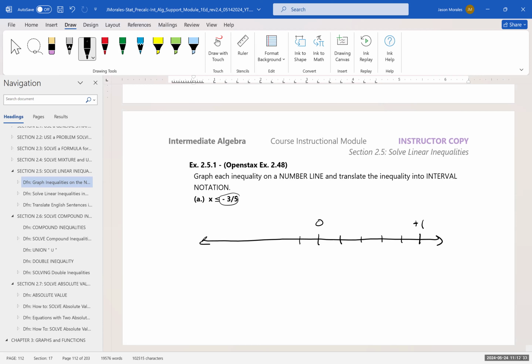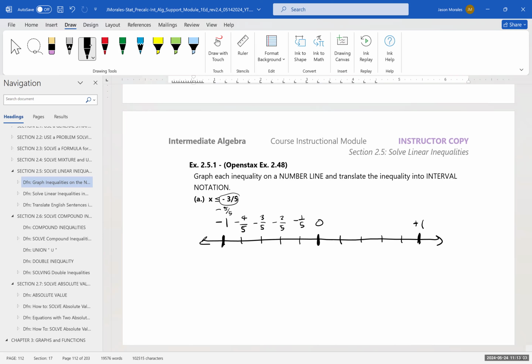Then we're going to have 1, 2, 3, 4, and then the 5th one will be -1. Then we're going to have -1/5, -2/5, -3/5, -4/5. It's messy. And of course, -5/5 is just -1.